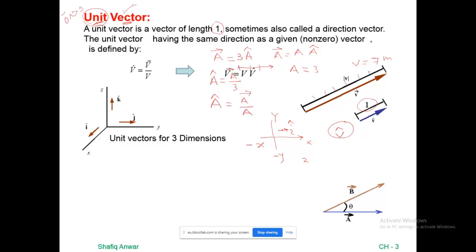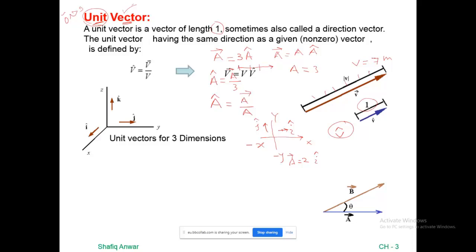I would write 2i. It means its magnitude is 2 and direction along positive x-axis, but for positive x-axis we use I. If some vector is along negative x-axis, I would use minus I, and along y-axis we use the unit vector j. Opposite to this, minus y-axis, we use minus j.